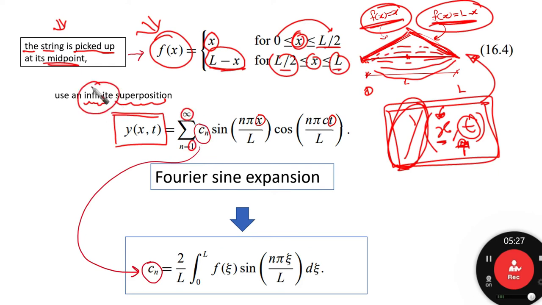It is an infinite superposition of a coefficient Cn multiplied by two sinusoidals, sine of n pi x over L times cosine of n pi ct over L. So we have x here and t here, and we also have c. As I said, c is a constant.